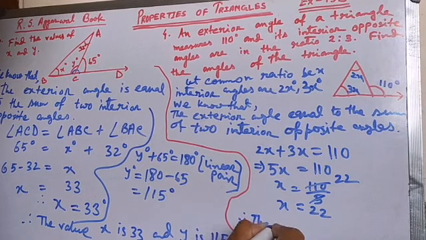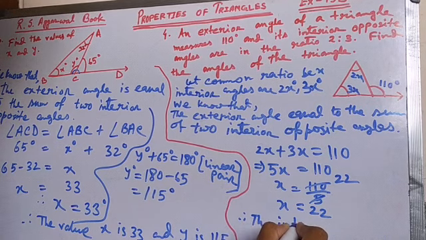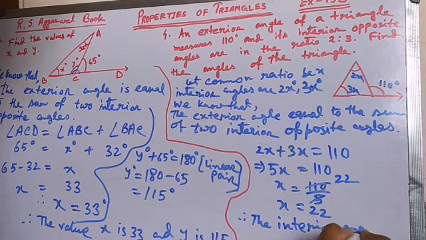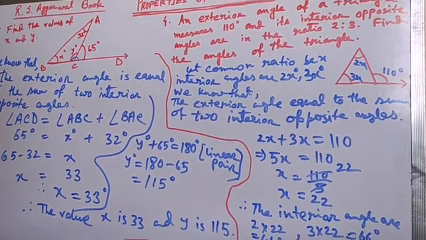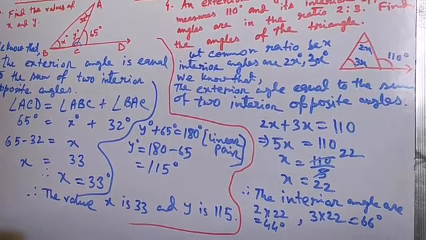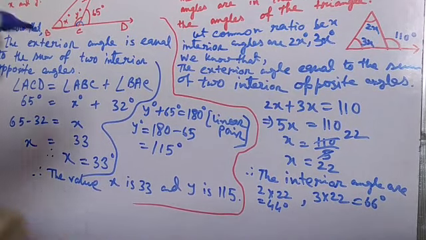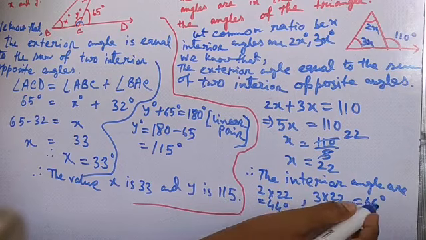Therefore, the interior angles are 2 into 22, that means 44 degree, and 3 into 22, that means 66 degree. These are the interior angles, 44 degree and 66 degree.